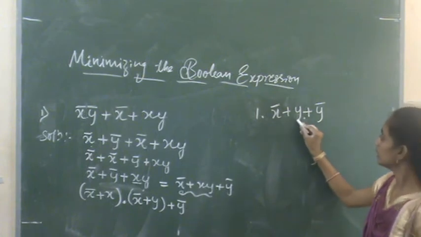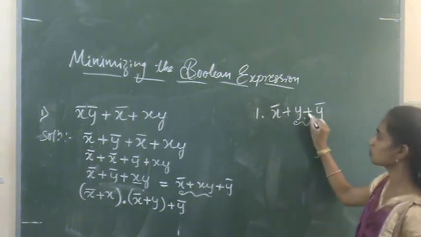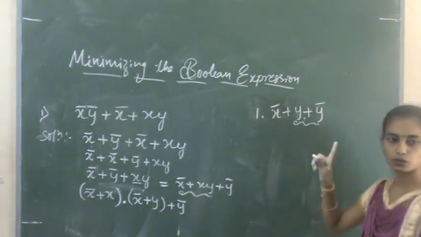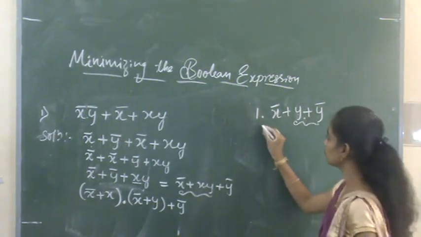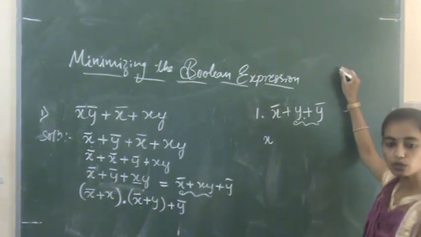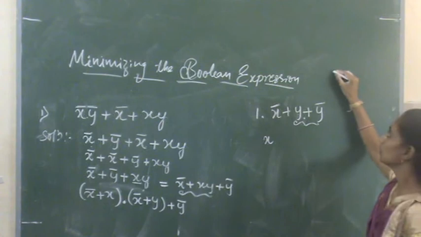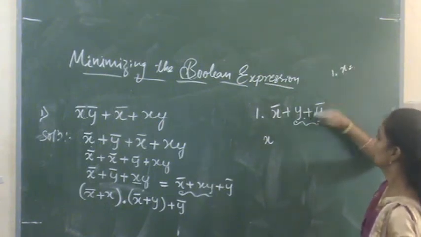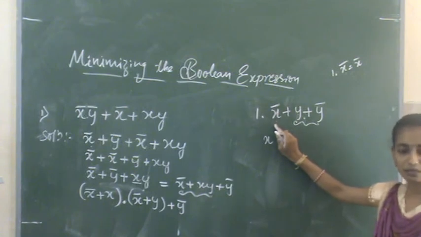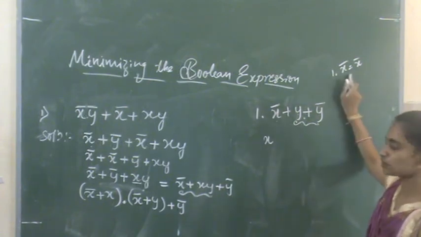So next here we have y plus y bar, right? So y plus y bar is equal to 1, right? So 1 into x bar, according to the property of 1 into any variable, we get that variable itself, right? So here we have x bar, so that's why instead of x we have x bar.